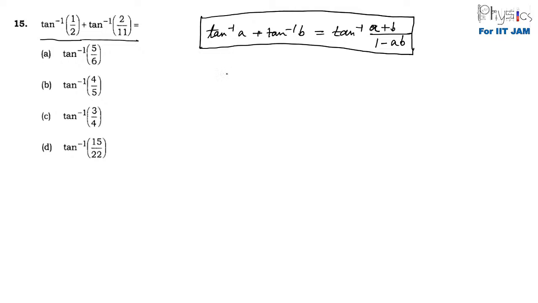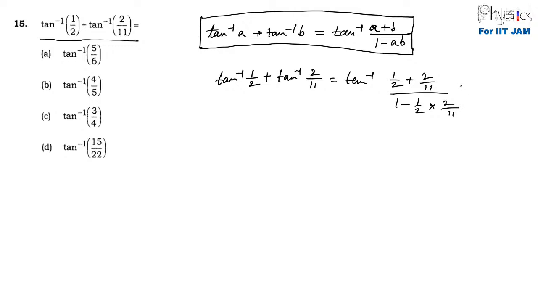And if we put A equal to half and B equal to 2 by 11, we get tan inverse of (half plus 2 by 11) by (1 minus half multiplied by 2 by 11).